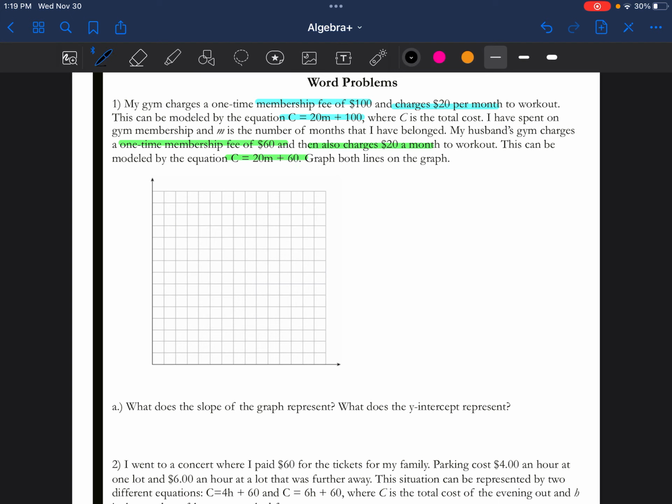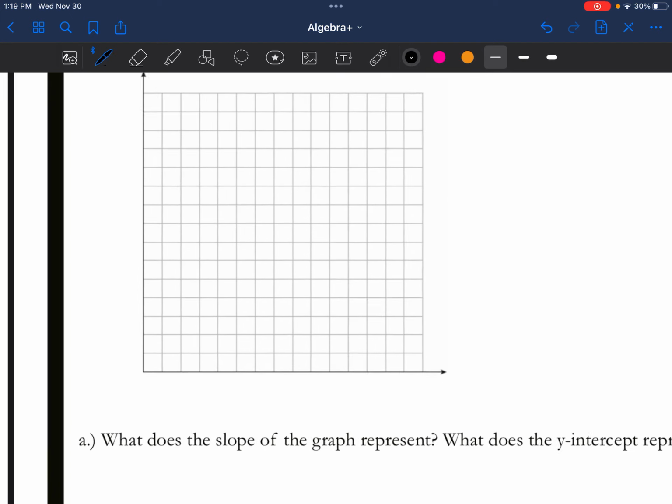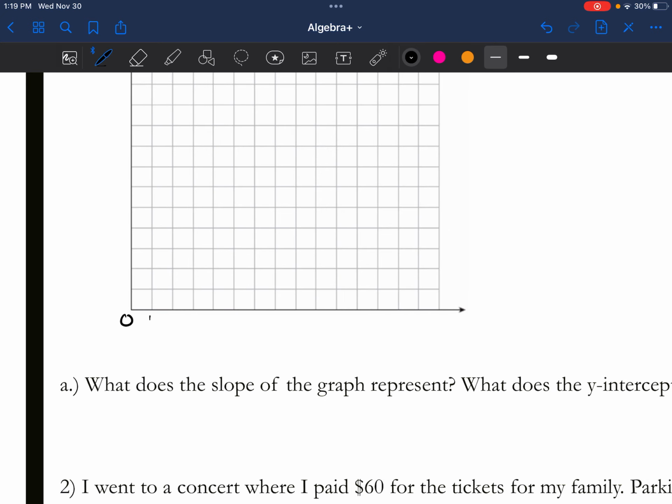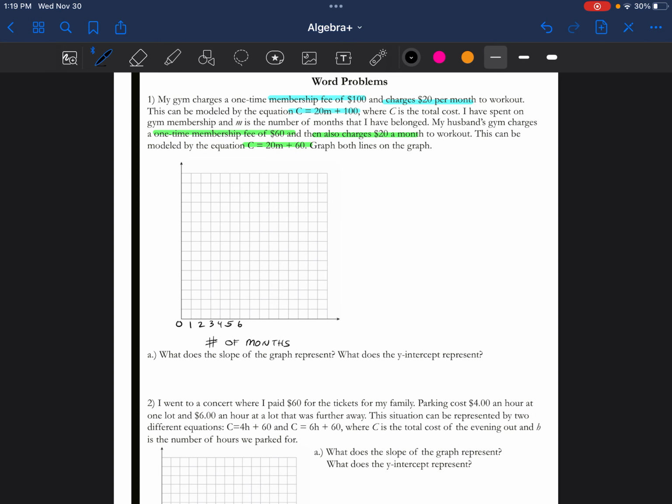So we're going to plot both equations. Now, I might count here 1, 2, 3, 4, 5, 6, right? So on and so forth, because this is a number of months. The reason we know it's a number of months is because it says charges $20 a month, number of months, right?